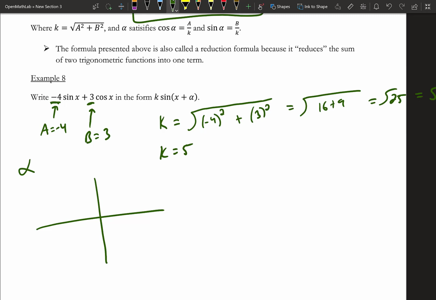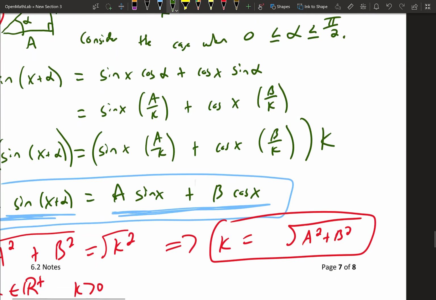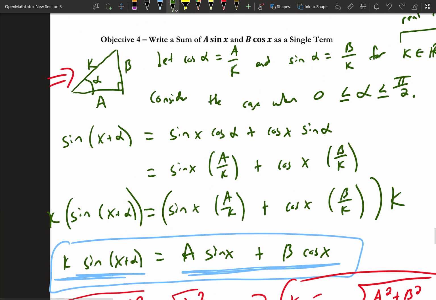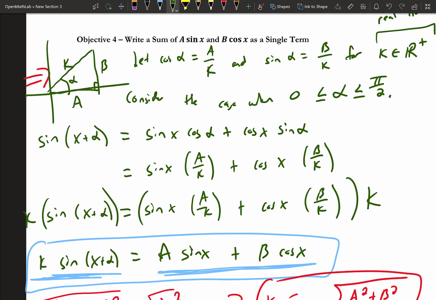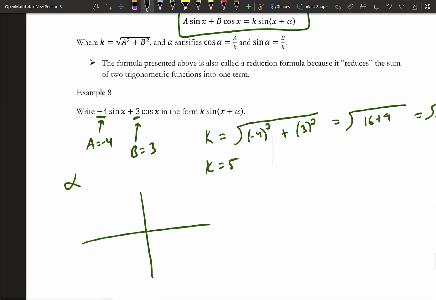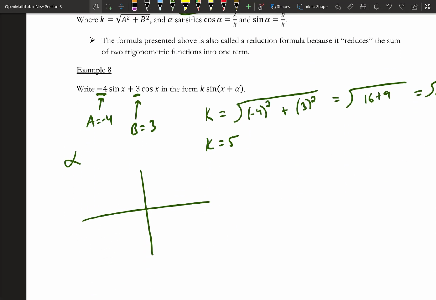A is my x value, if you will, from the picture. If this was my XY plane, A goes with the x value and deals with cosine. So A is going to be negative, so my x value is somewhere over here at -4, and my y value is positive 3.